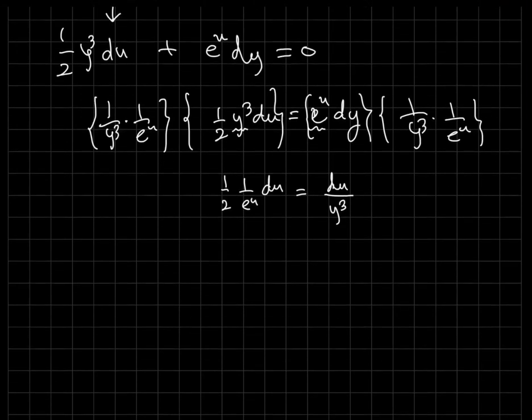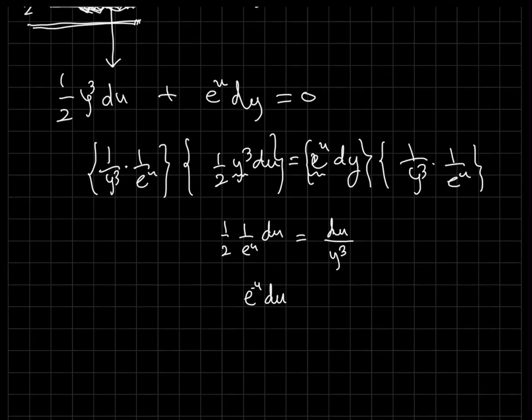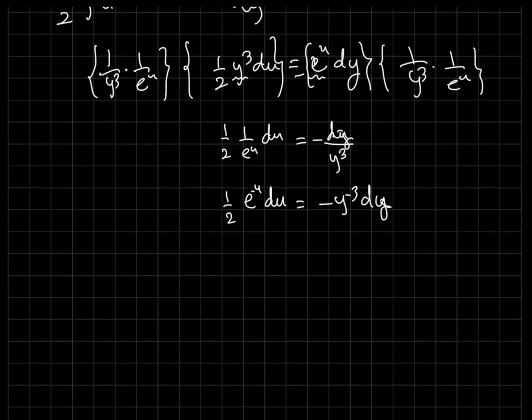And to make the integration easier for us, I'm just going to rewrite it this way. Actually we missed a minus sign here. This should be minus here, and minus here. And this should be y.